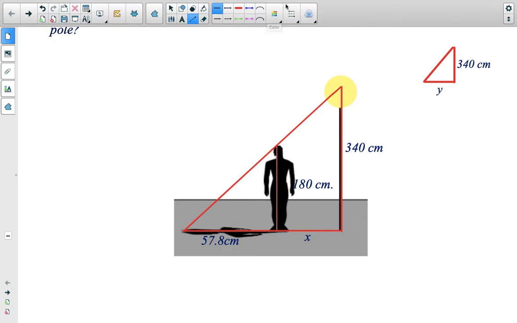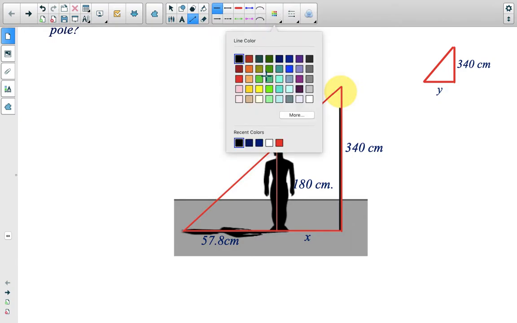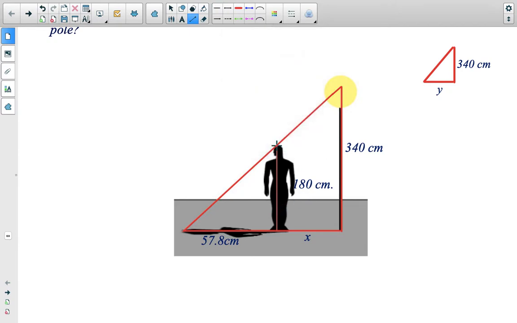Now, if I were to do the same thing, but for the other triangle, so I'm going to make it green. So this triangle here is my second triangle. And you are going to notice that we have 2 side lengths for this triangle.